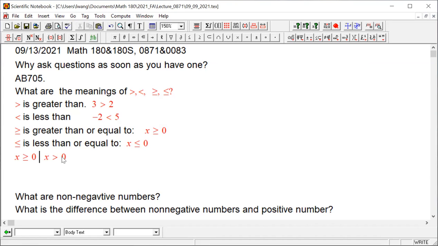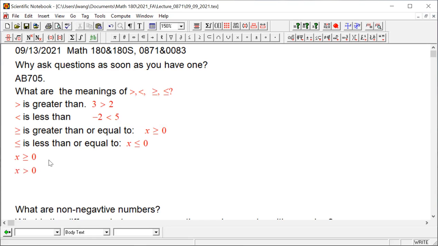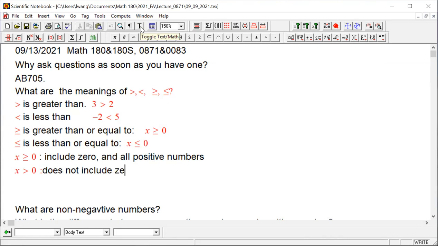The former includes 0 and all positive numbers. And this one does not include 0. Okay, it includes all positive numbers.